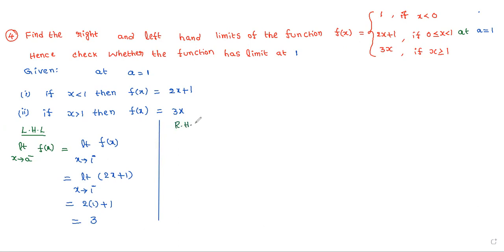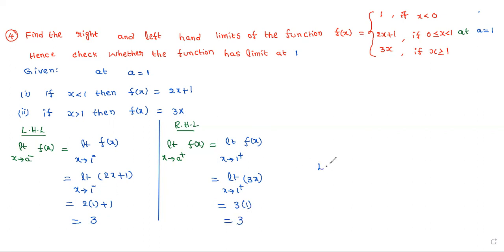RHL, right hand limit. Limit x tends to a plus f of x. What is the a value? 1. Limit x tends to 1 plus f of x, more than 1 value, the function is 3x. Substitute x as 1: 3 into 1, 3. Both are same.